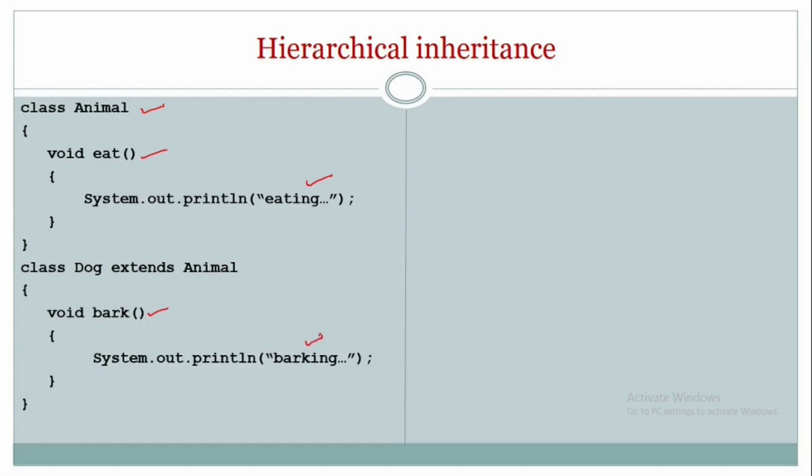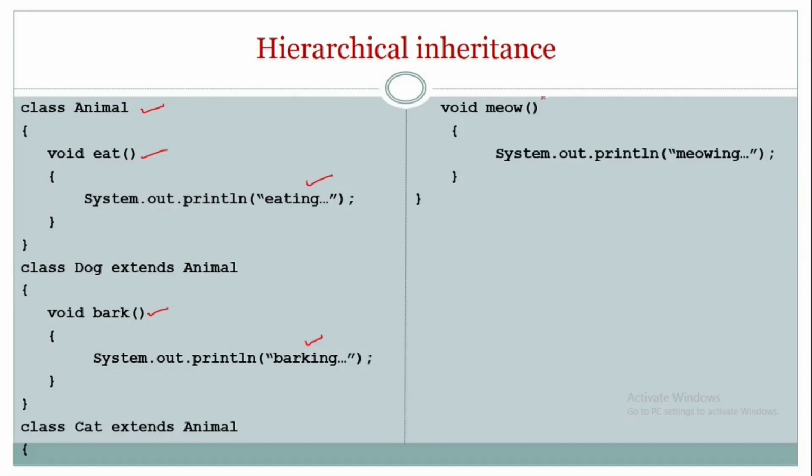Then we create one more class called Cat that extends Animal, which has a method called meow that prints meowing. As you can see, class Animal has more than one subclass, that is, the subclasses of Animal are Dog and Cat. So this is an example of hierarchical inheritance.